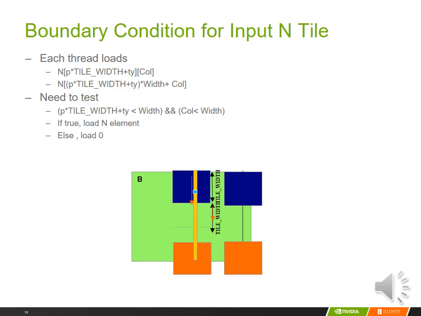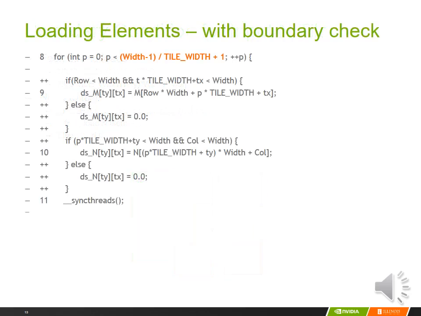We will be linearizing this two-dimensional notation into an equivalent 1D linearized index for the code. However, when we test the condition, we should separately test the y direction and x direction and make sure that they're both within the valid range. If true, we load the N element. If not, we load 0.